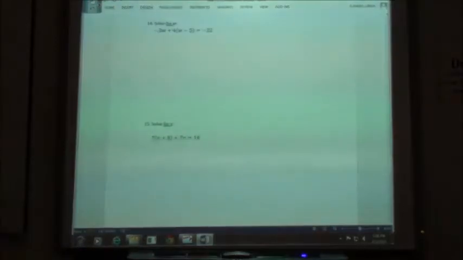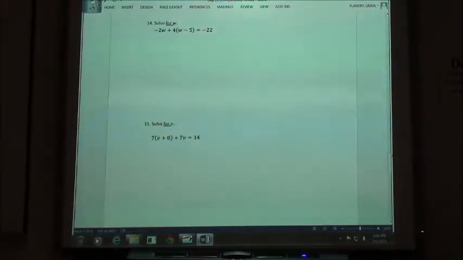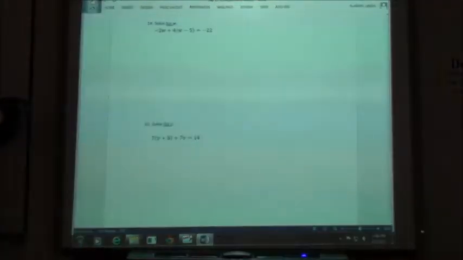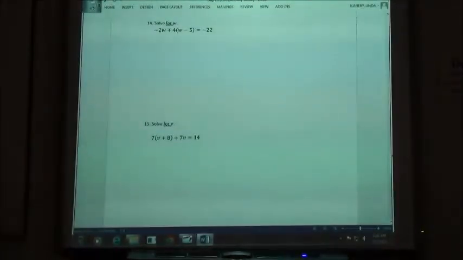So, number 14, we are going to solve that for w. And we look and say, it's got parentheses, so I know I've got to get rid of those first. So, on this left-hand side, what am I going to have?